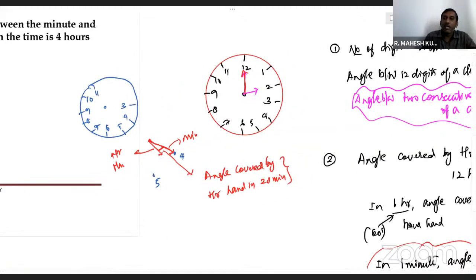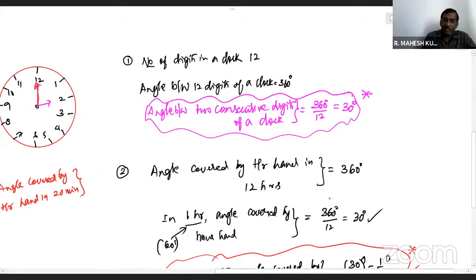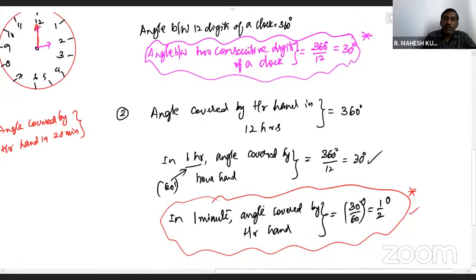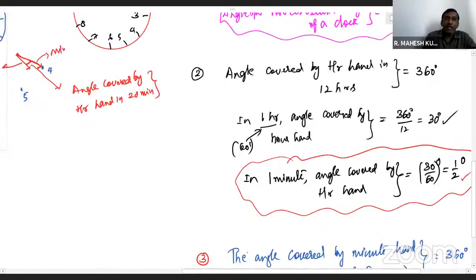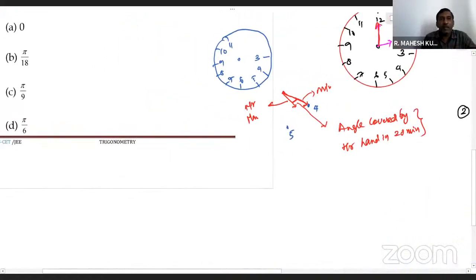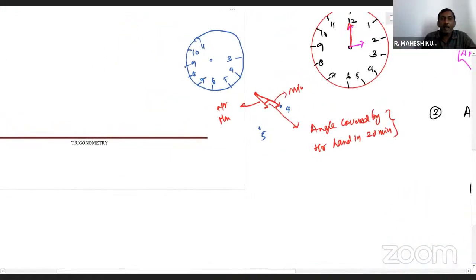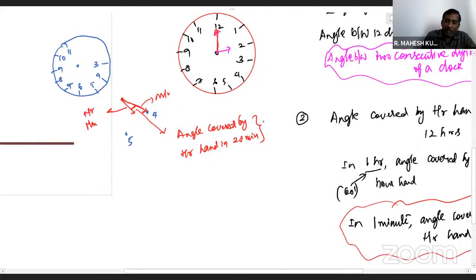We need to find the angle covered by the hour hand in 20 minutes. In 1 minute, the hour hand covers half a degree. Therefore, in 20 minutes, the angle covered by the hour hand is 20 into 1 by 2, so it is going to be 10 degrees.